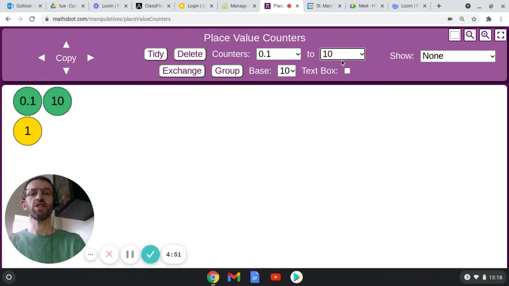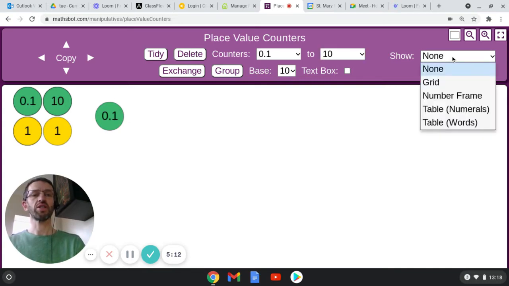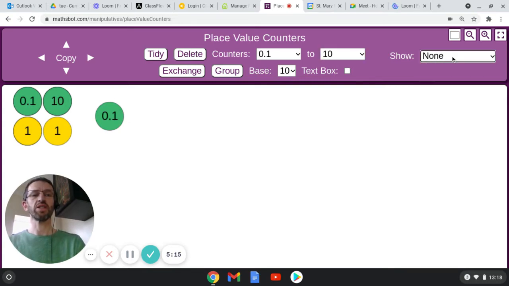So if I click this one and I select 10 with no dot, no decimal point, and now I can see that I've got up on the screen, I've got tens here, which I can drag across, and I've got tenths that I can drag across, and I've got units or ones that I can drag across as well. Okay, so they're going to be useful today. Show over here, where it says show, at the moment it says none.